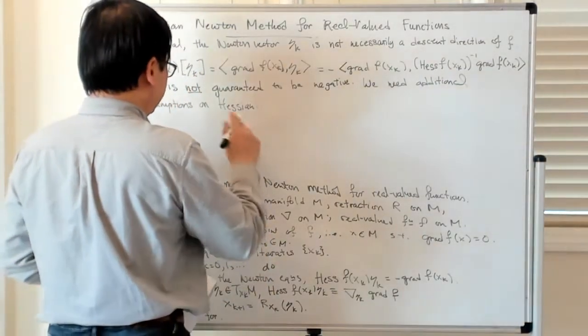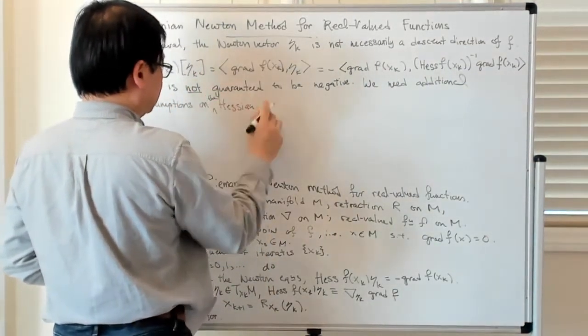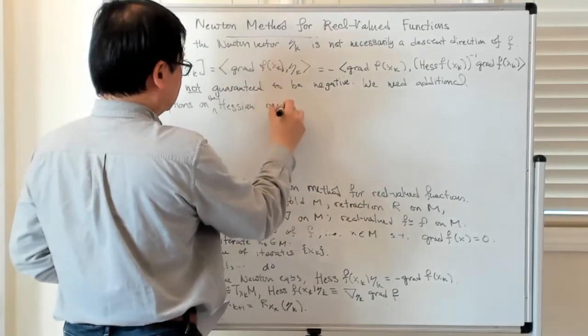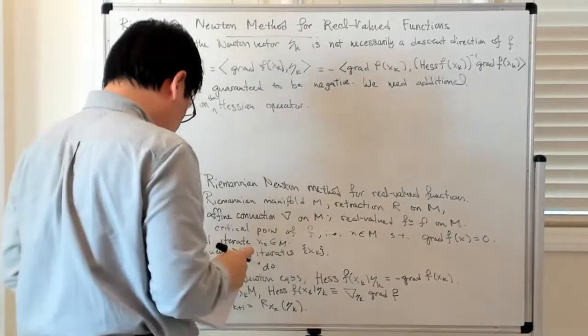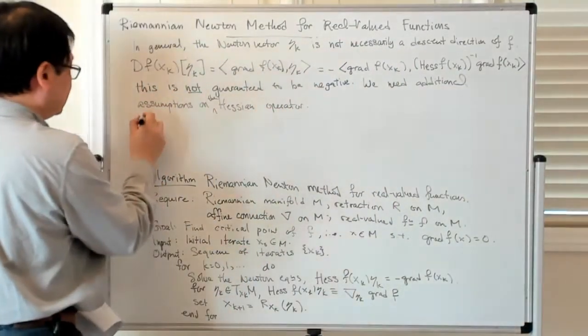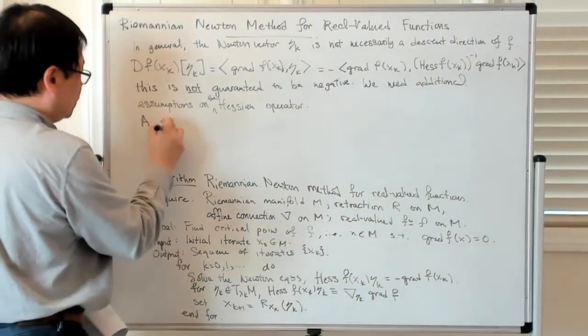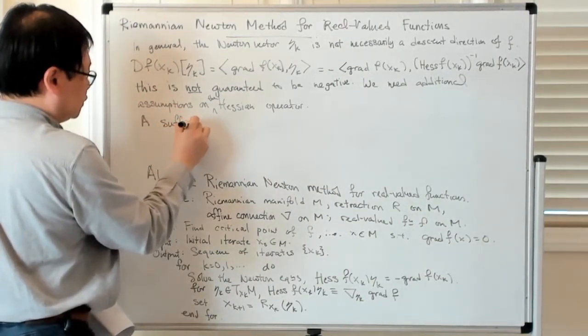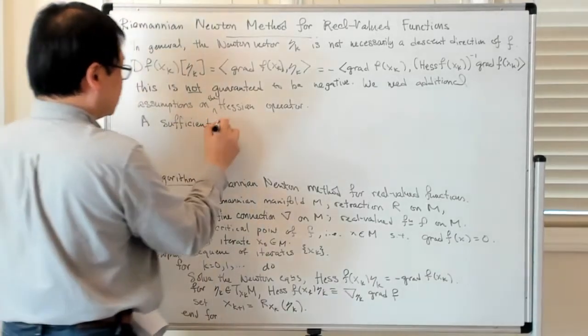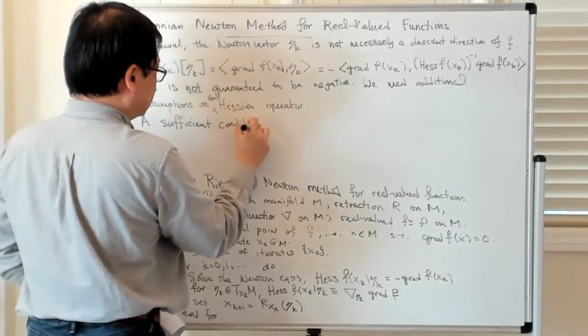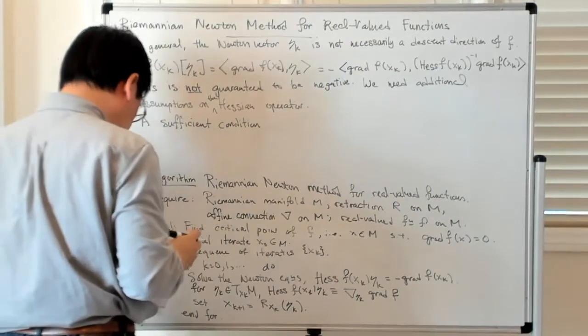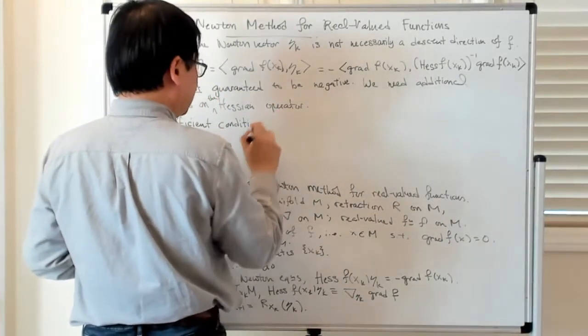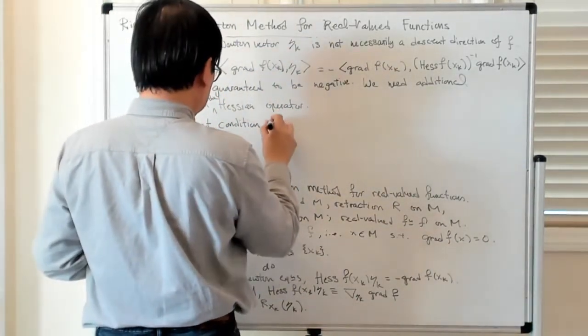On the Hessian operator. Okay, so a sufficient condition for this to be a descent direction is that the Hessian is positive definite.